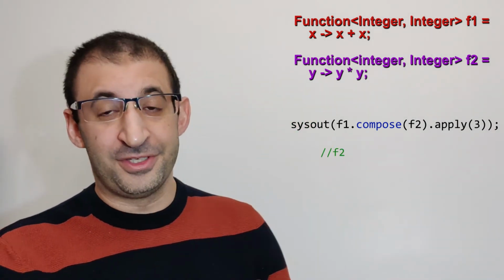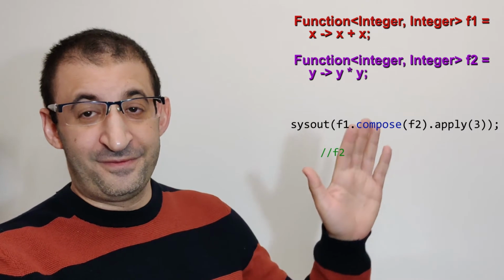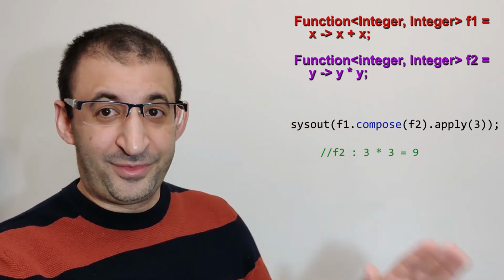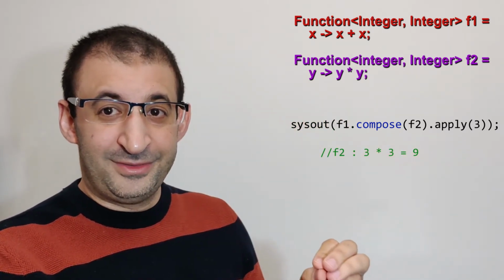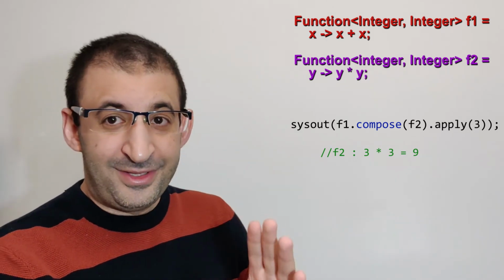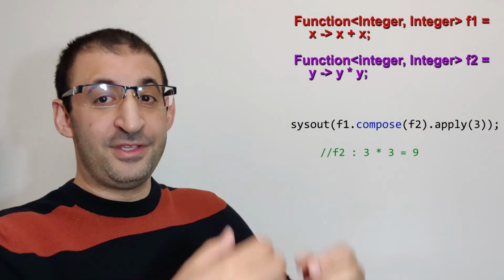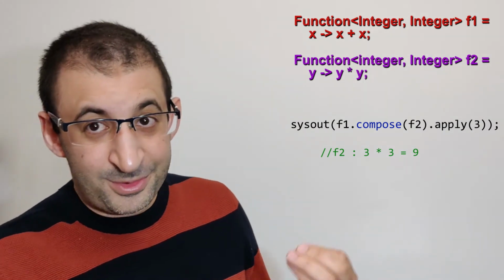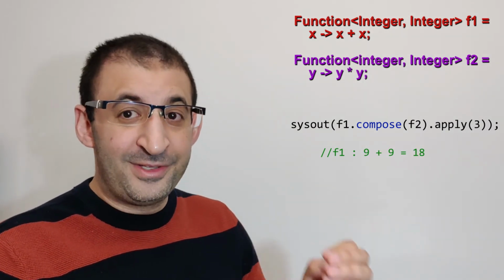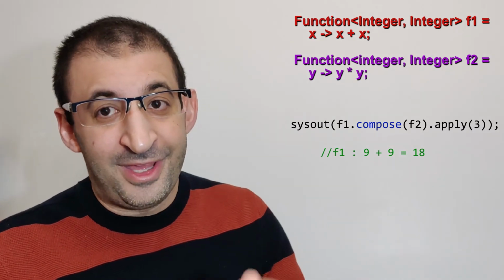So I have 3 multiplied by 3, it is 9. And after this, it is followed by f1. So 9 plus 9 and the result will be 18.